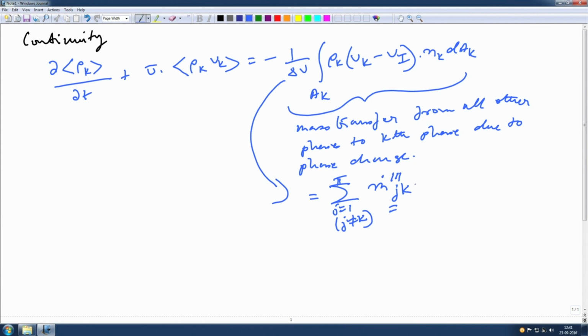So, this basically represents the mass per unit volume. And we also said that m triple prime j k is the same as minus m triple prime k j.